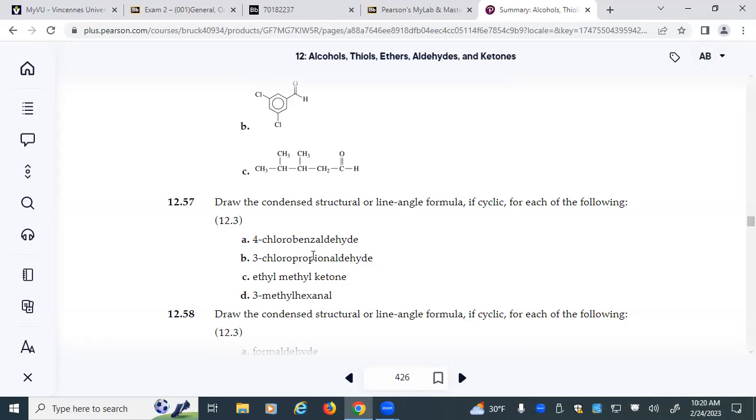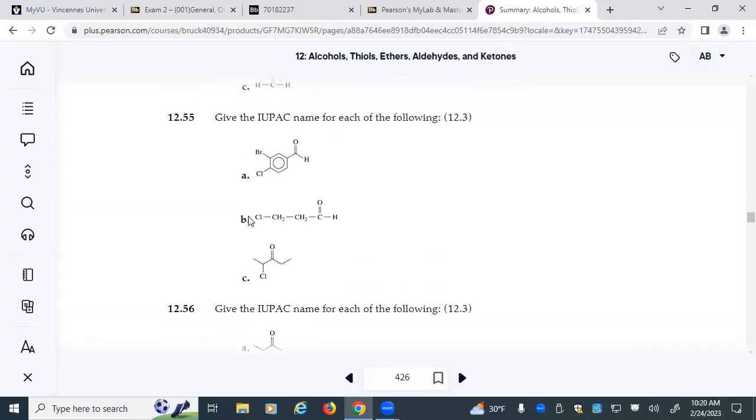And as Olivia is pointing out, that's the same structure as here in 55B. Yet in 55B, we're asked to use the IUPAC naming system, and we call that 3-chloropropanal. Why are they different? Different naming systems.